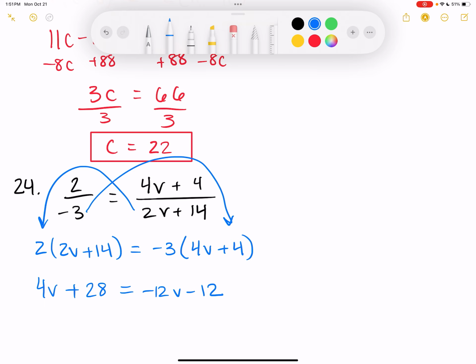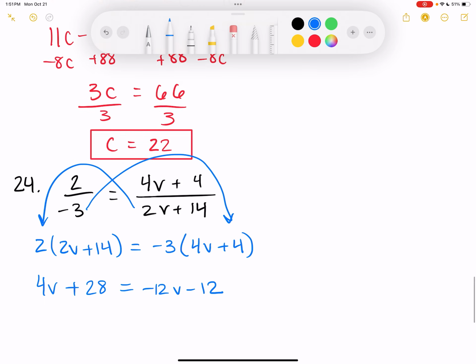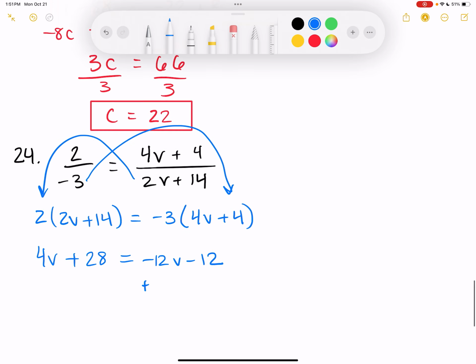I'm going to move variables to the left, numbers to the right. So I'm going to add 12v to both sides, and I'm going to subtract 28. So 4v plus 12v is 16v equals negative 28 minus 12.